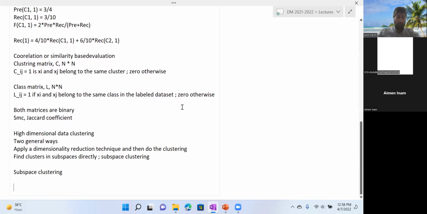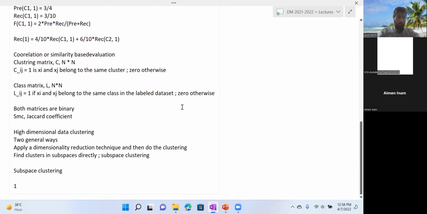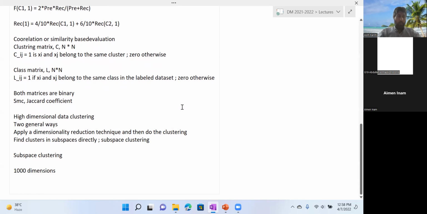So let's say, just to give you an example, you have 1,000 dimensions. Okay. So you consider each dimension independently at start. Let's say one dimension was age, for example.